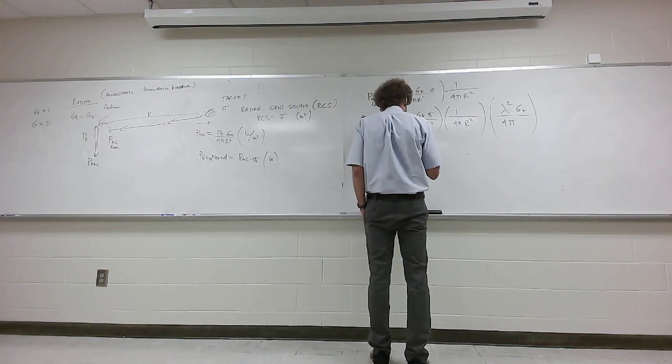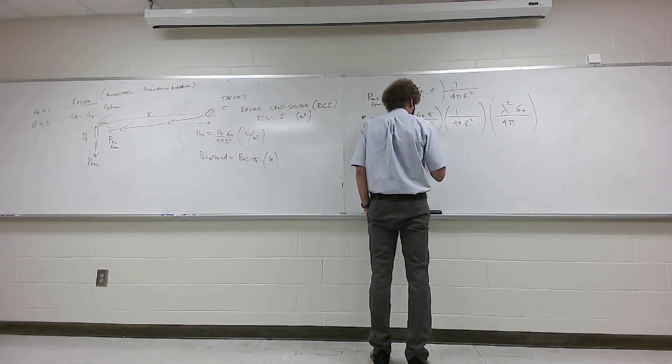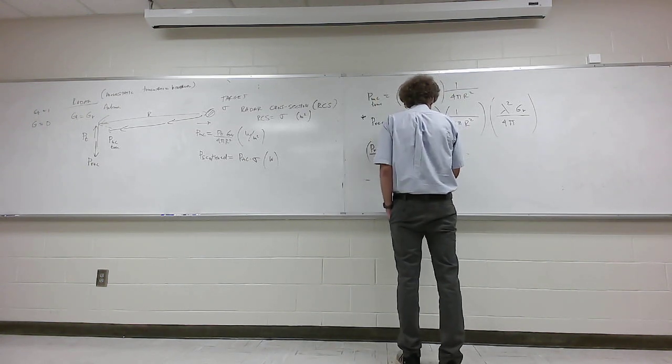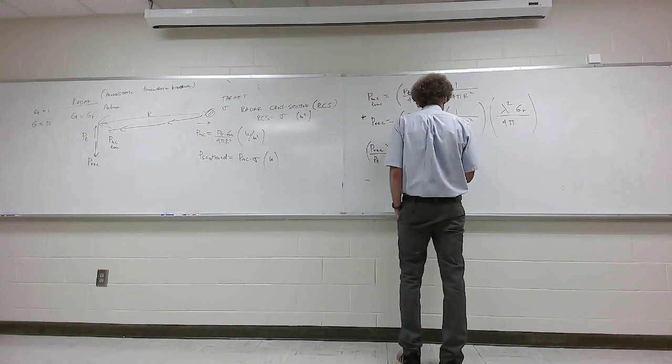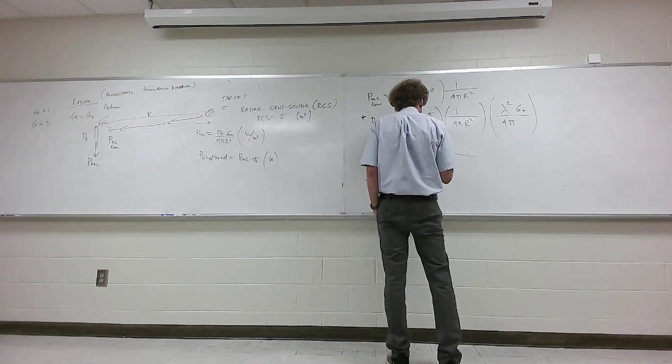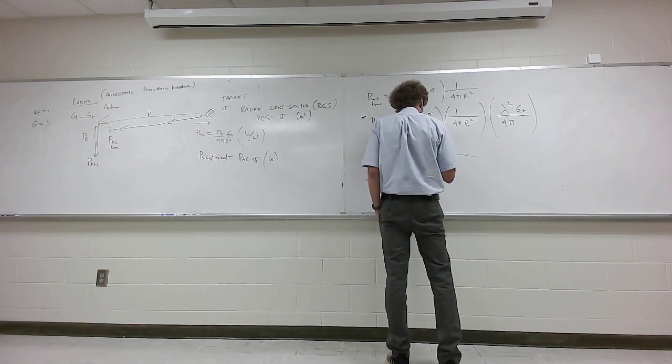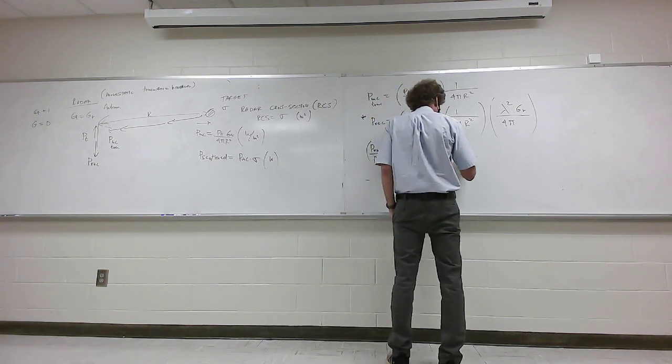This is going to be gain of transmitter, gain of receiver, and then it's going to be lambda squared times sigma, radar cross section, divided by 4 pi cubed r to the 4th.